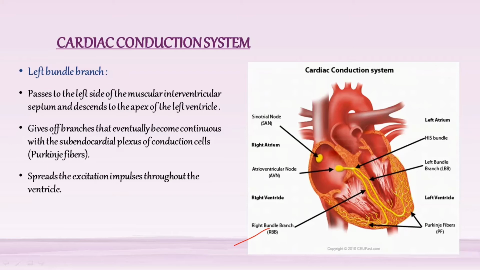Now this left bundle branch spreads the excitation impulses throughout the ventricle, meaning the interventricular septum, the wall of the left ventricle, as well as the anterior and posterior papillary muscles. Now this branch supplies both the anterior and posterior papillary muscles.